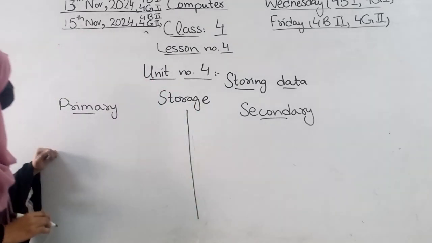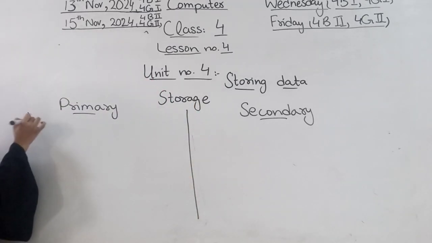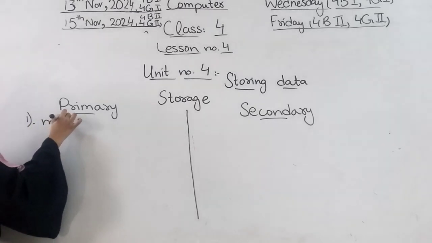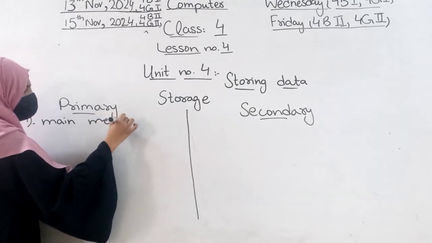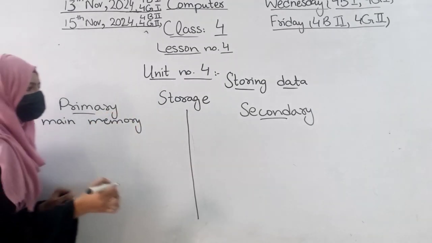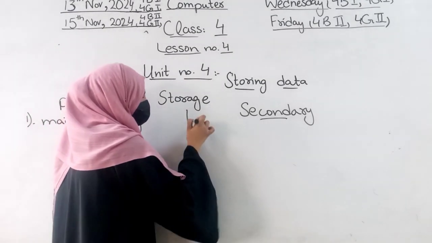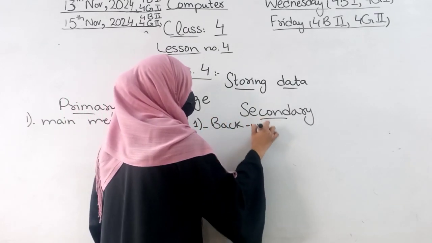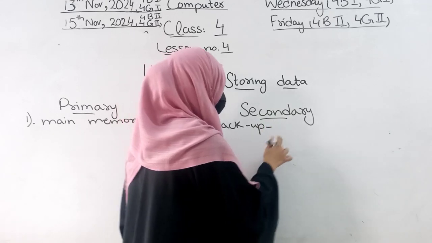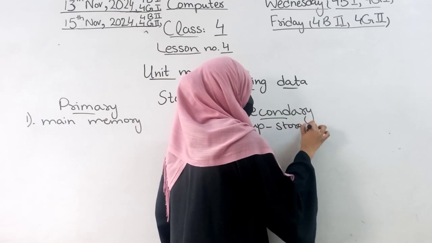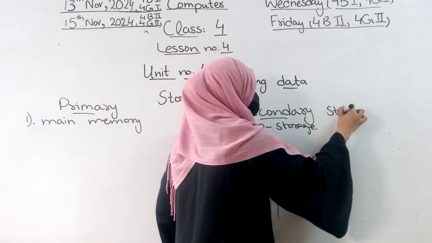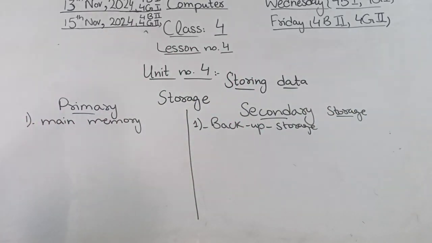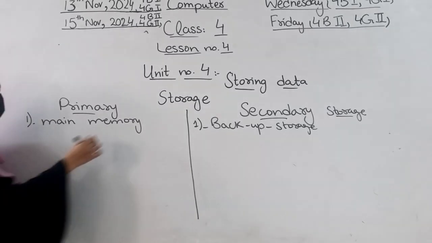The primary storage is also called main memory, and our secondary storage is also called our backup storage. I will tell you why we call secondary storage backup storage and primary storage main memory or main storage.